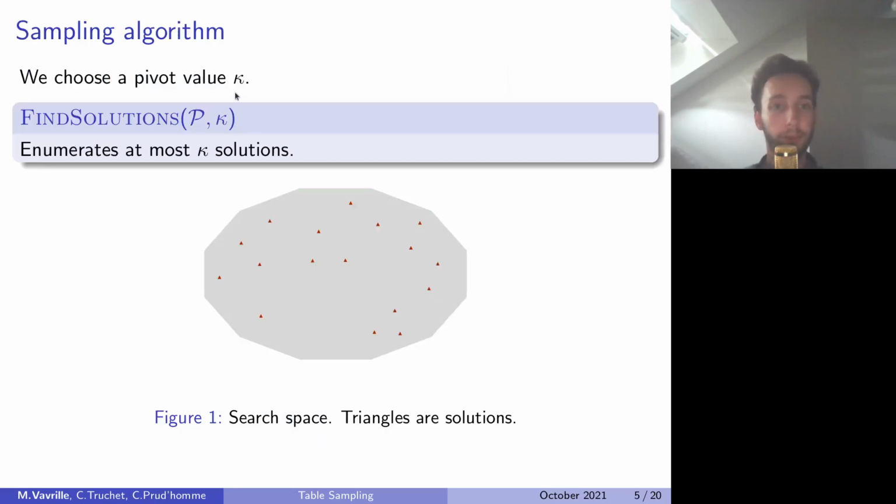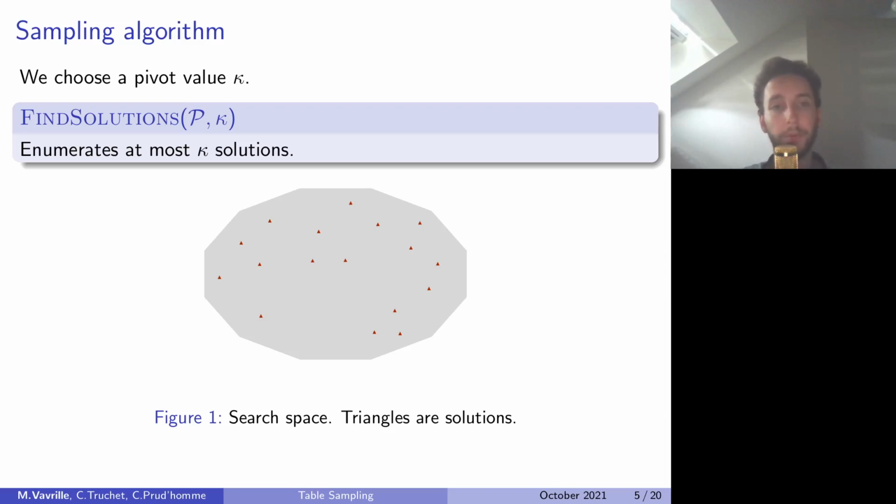Now, the sampling algorithm. We first have to choose a third parameter, which will be a pivot value, kappa, and we rely on a function, find solutions, that will make a call to the CP solver to enumerate at most kappa solutions.